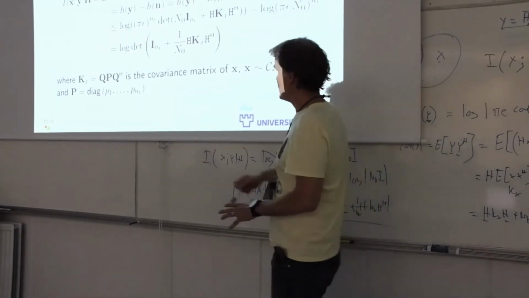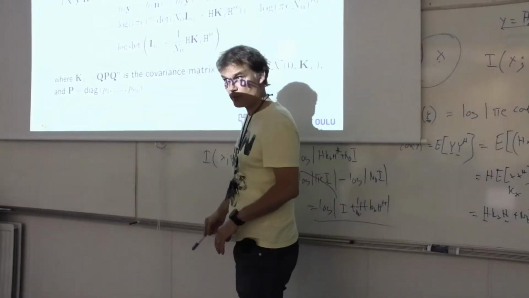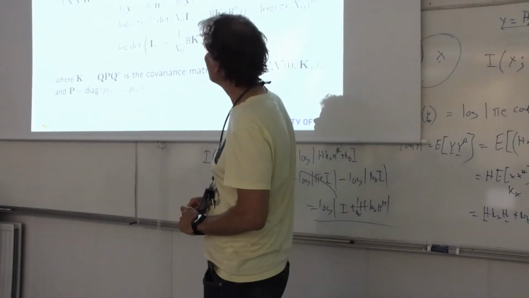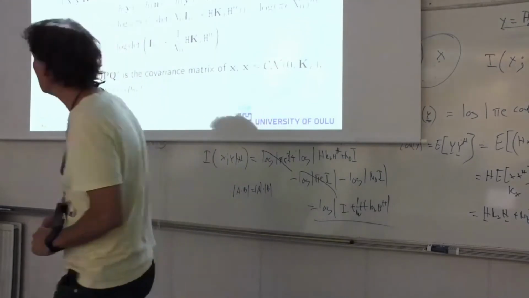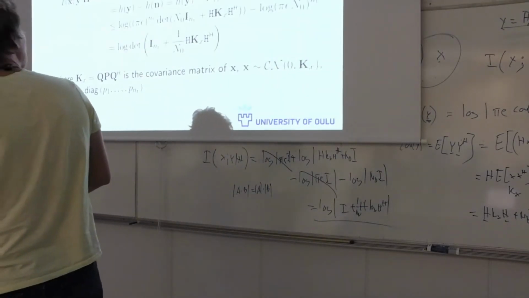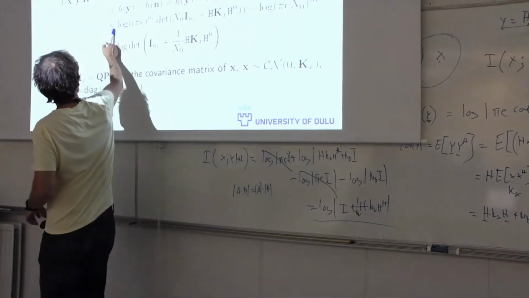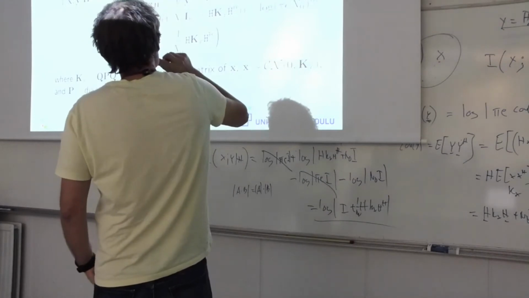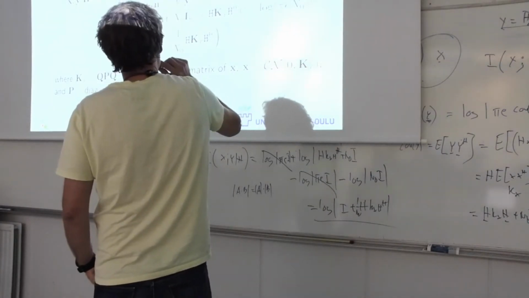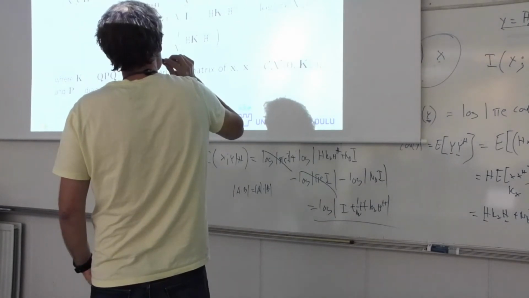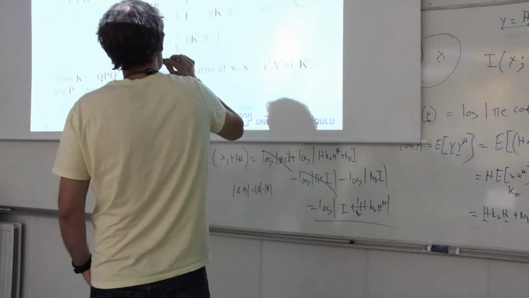And this is a Hermitian matrix. Yes, please. Why is it less than or equal? Sorry? There is the word less than or equal instead of equal. What happened there? This one. The upper bound is because of the Gaussian assumption.